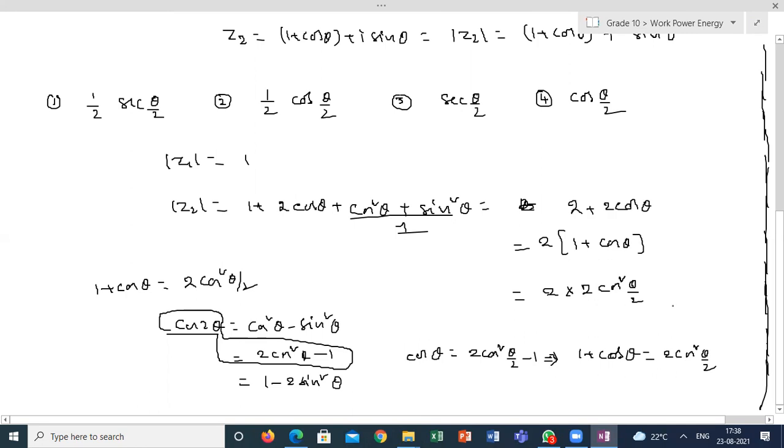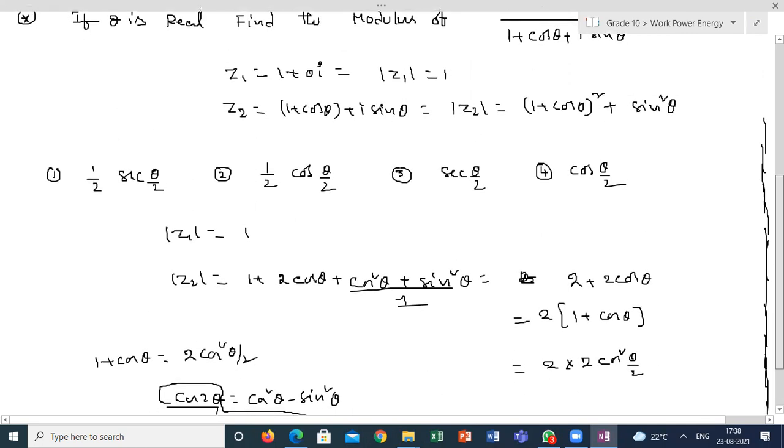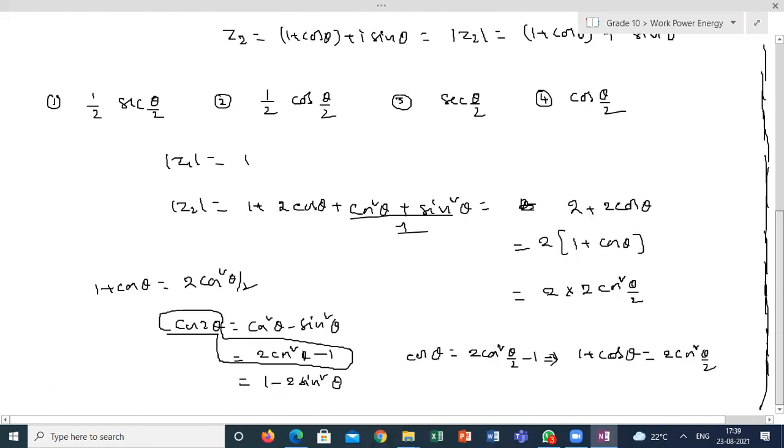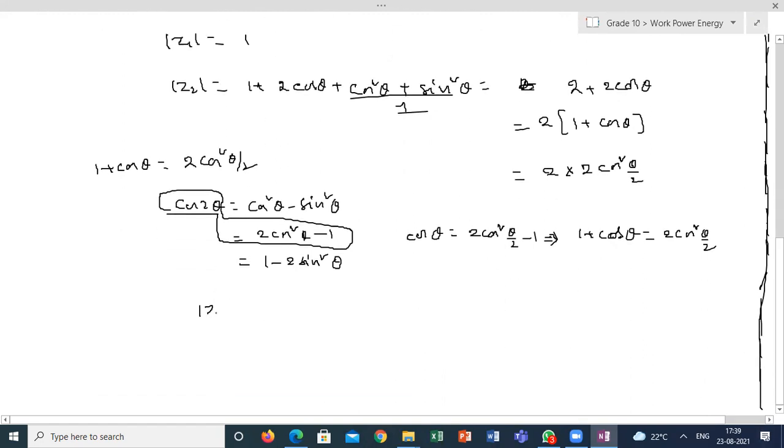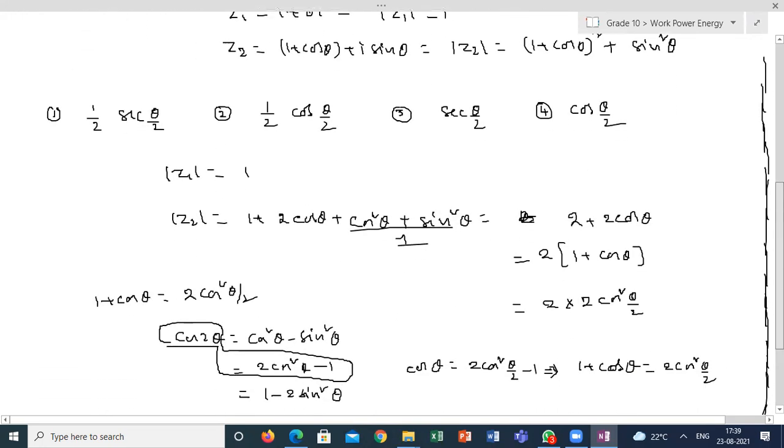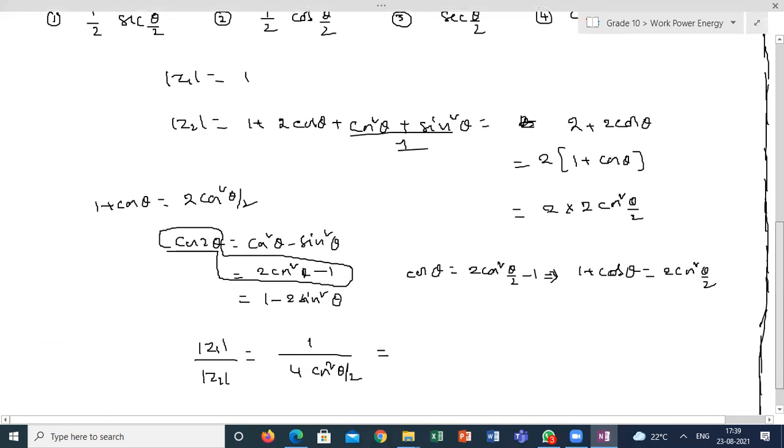How can I relate to the options? So I'm getting modulus of Z1 as 1, and modulus of Z1 by modulus of Z2, I'm getting 1 by 4 cos square theta by 2. So how will you solve this question? With which options can you use here? Half secant theta by 2, half cos theta by 2, secant theta by 2, and cos theta by 2.